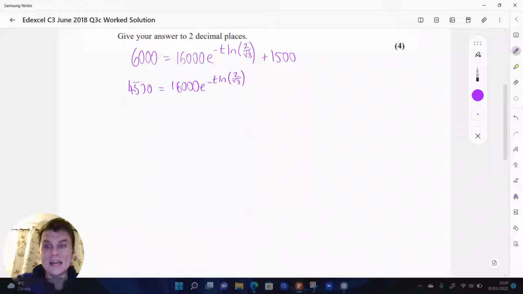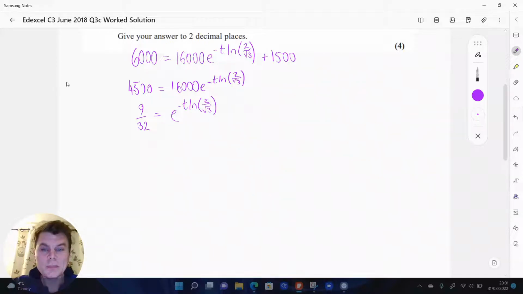Leave it as a fraction, because remember, when we're working in terms of e or ln, it's very likely that we're going to end up doing stuff to the fraction. So we've got 9 over 32 on the left-hand side, and e to the minus t ln 2 over root 3.